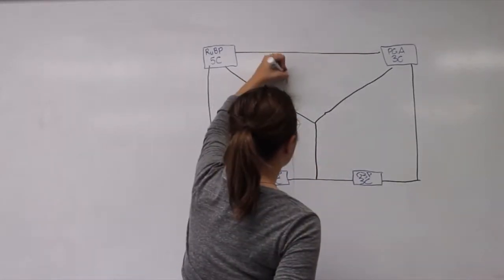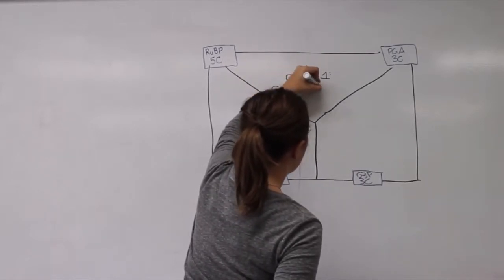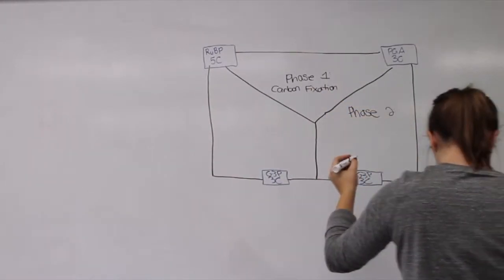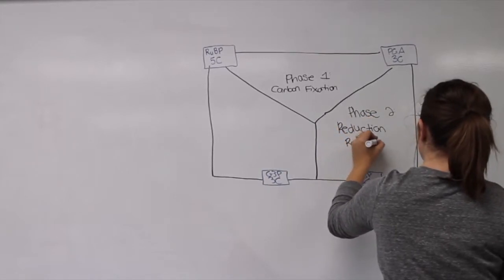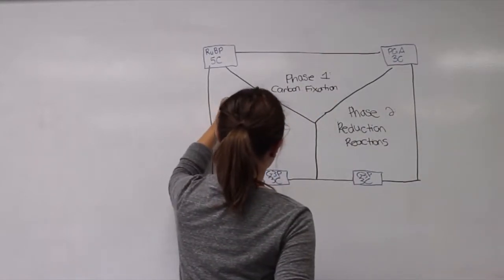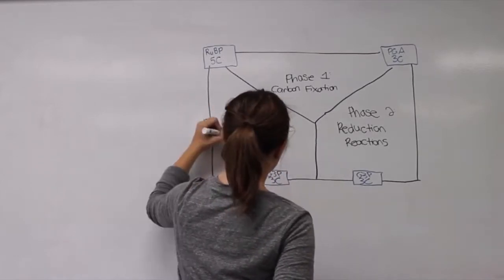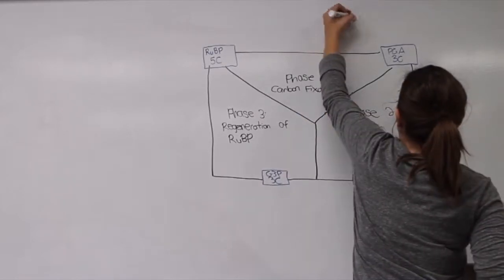So phase 1 of the Calvin cycle is called carbon fixation, where you add carbon dioxide to create a 3-carbon PGA. The next phase is called the reduction reactions. And phase 3 is called regeneration of RuBP so that the cycle can happen again and again.